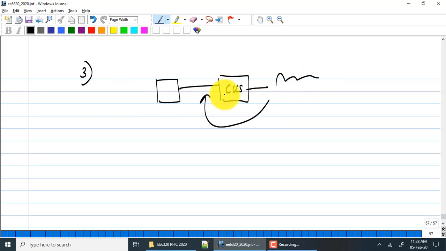Okay. So the easiest way, probably the most popular way, is to use a cascode.